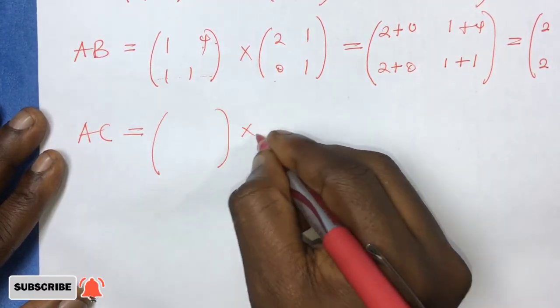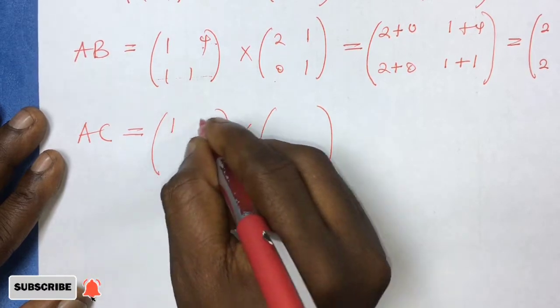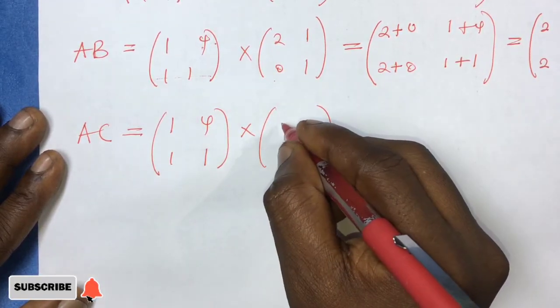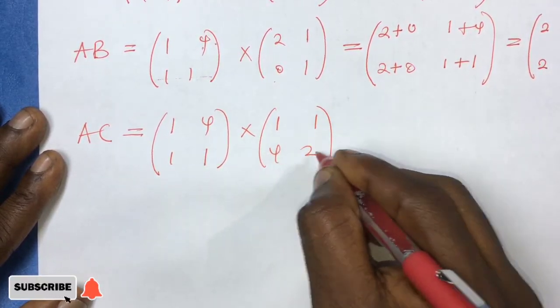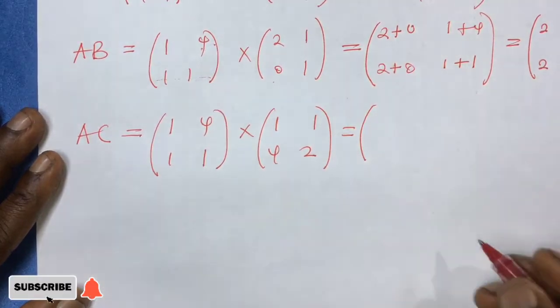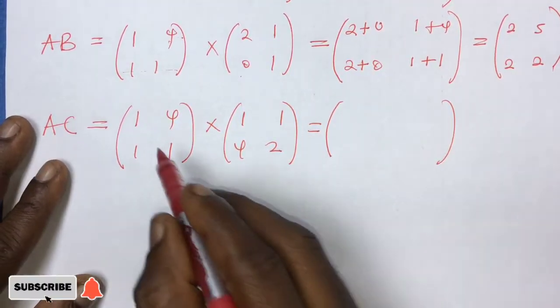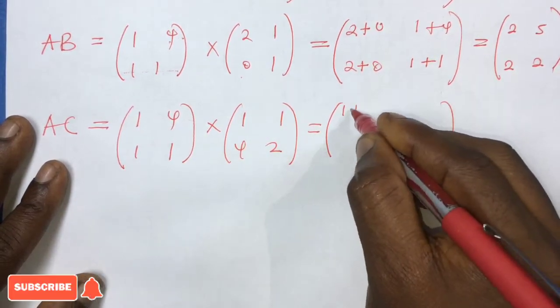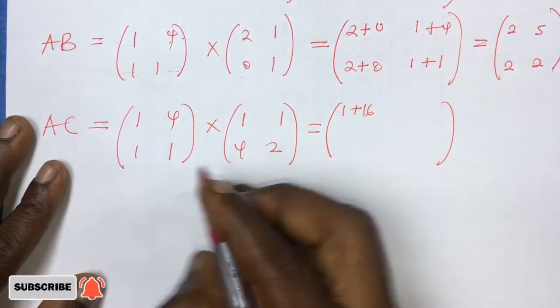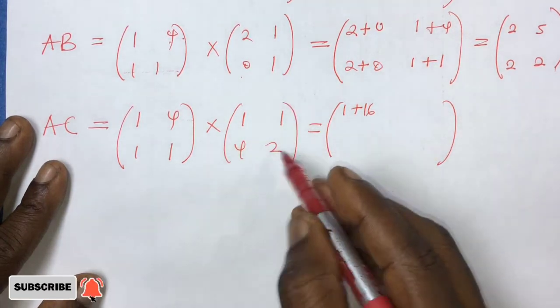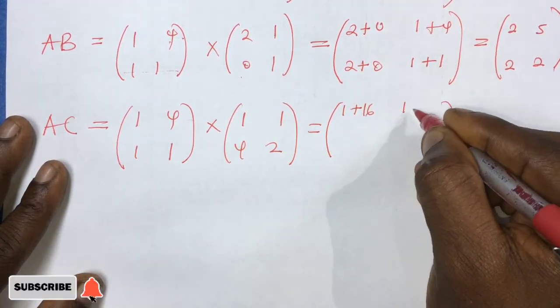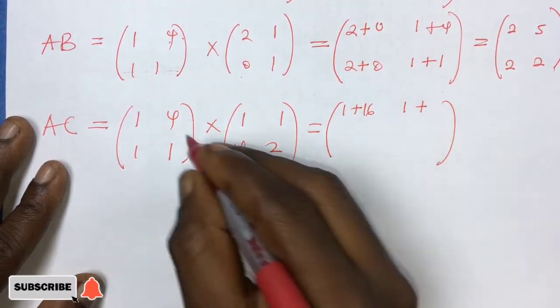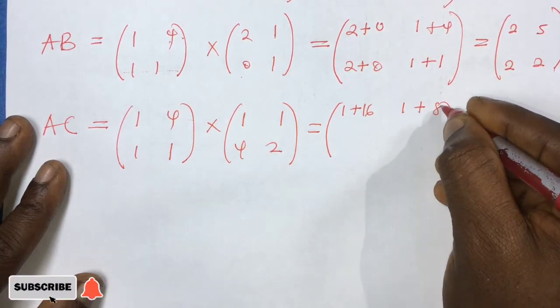If you use A to multiply C, you are going to have [1, 4; 1, 1] multiplying [1, 1; 4, 2]. First row multiplies first column, that will be 1 times 1, 1, plus 4 times 4, 16. Now, first row multiplies second column, that will be 1 times 1, giving you 1, plus 4 times 2 will give you 8.